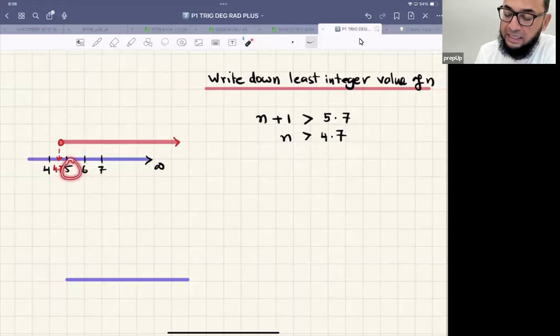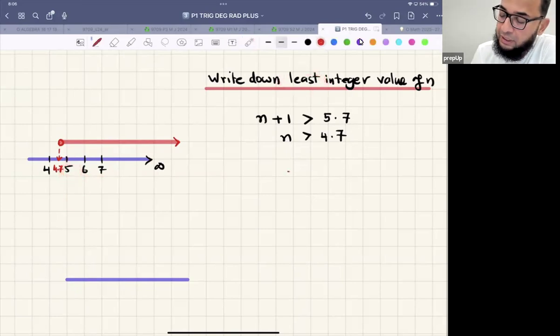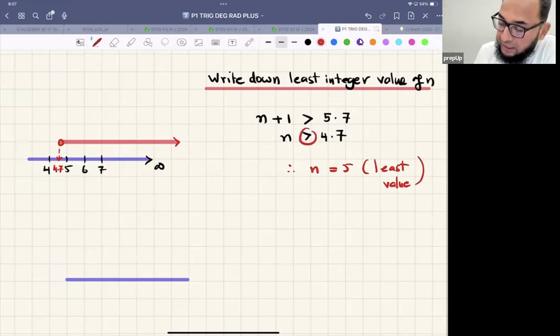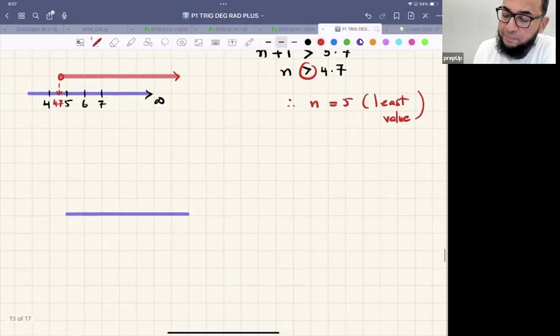But out of all these, is 5 the least value? The answer is yes. So therefore, n is equal to 5. This is the least value. Now remember, whenever the inequality is greater or equal to, they will be asking us the least integer value. Keep that in mind.